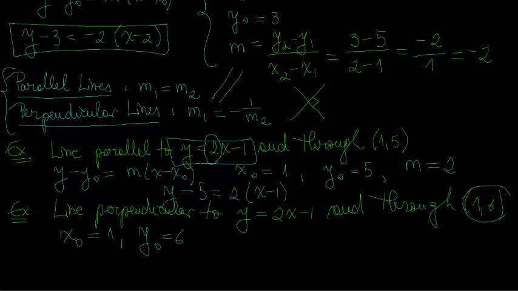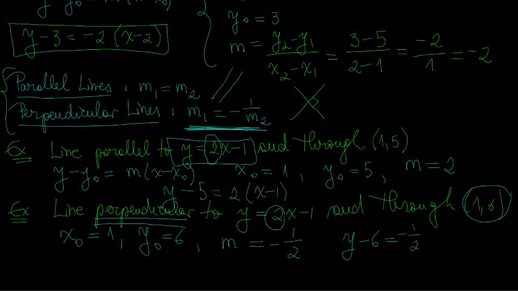We're looking at the coordinates of a point on the line, and we're going to try to find the slope. Now, knowing that the lines are perpendicular tells me that if I find the slope of the first line, namely 2, in order to find the slope of my perpendicular line, I will have to take the reciprocal and then put a minus in front of it. So we obtain the equation y minus 6 is negative 1/2 times x minus 1.